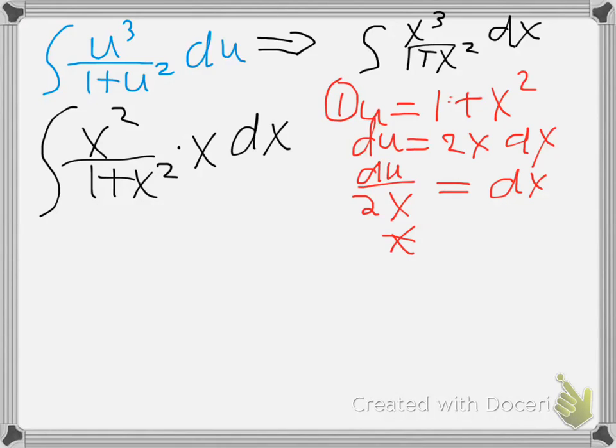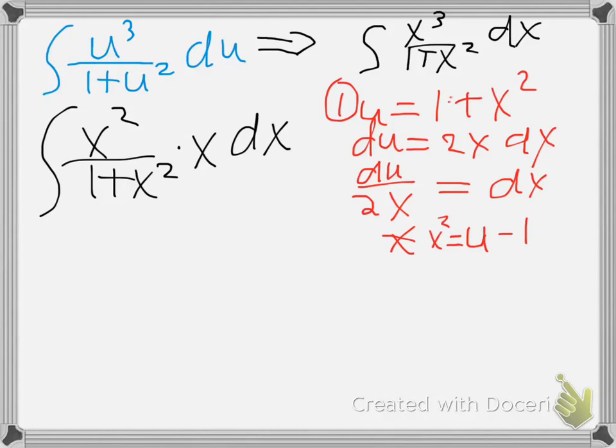And also I want to make note that you can rearrange this first u that we made right here, and we can call x squared u minus 1. So let me see if I can write that in here. Okay, so let's see if that makes any sense over here.